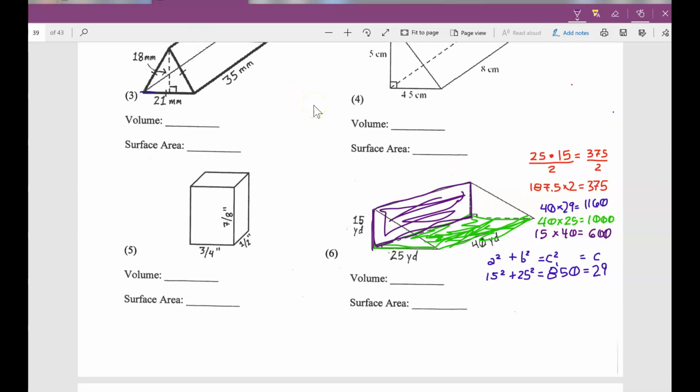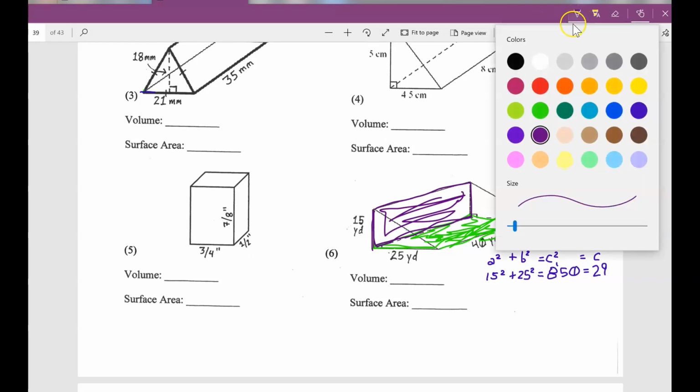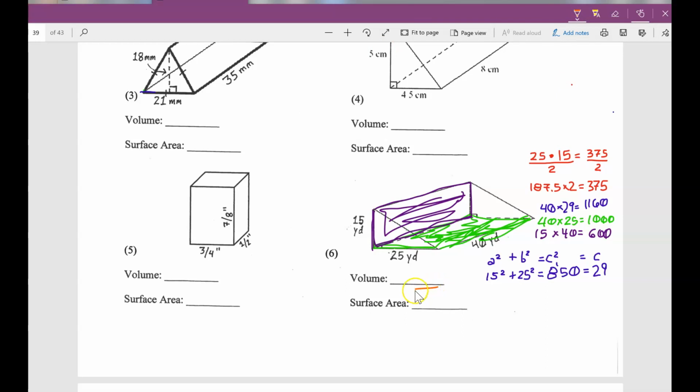Now we got to add all those together. 375 plus 1160 plus 1,000 plus 600 equals the total surface area of this triangular prism, which is 3,135 yards squared. It's a long process.